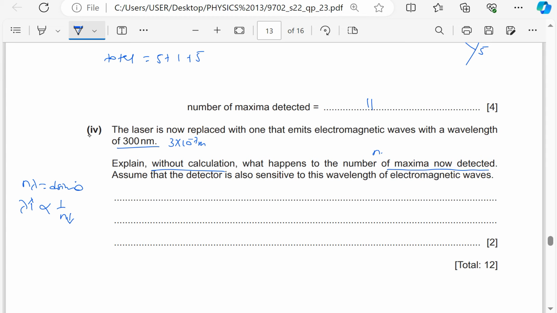So I'll simply say the wavelength has increased, so the number of maxima decreases. So since the wavelength has increased, the number of maxima decreases.